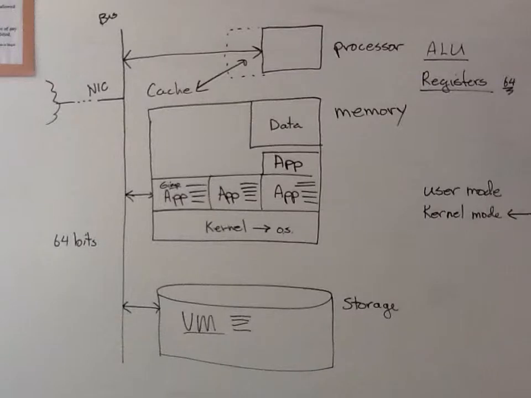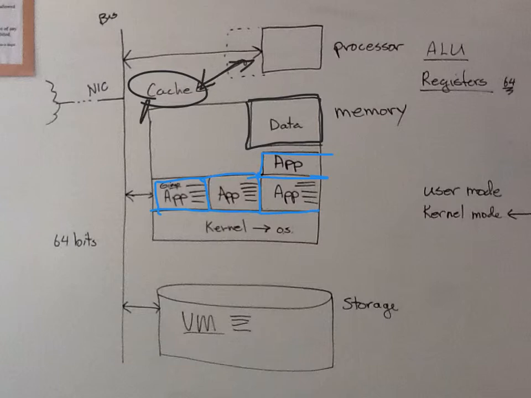Here we talked a little bit more about the hardware end. You can see we have an app in memory, another app in memory, another one. Inside memory you could have data. Talked a little bit about cache being connected there to the processor, high speed memory.